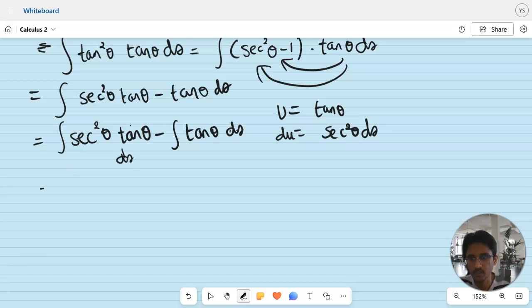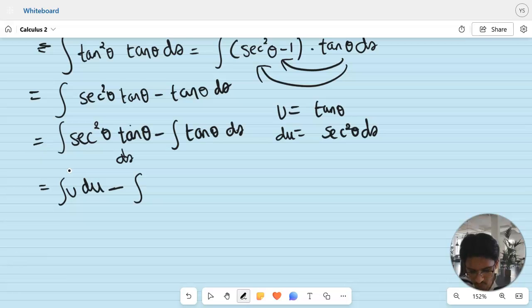Then secant squared theta d theta, that's our du, and tangent is our u. So it's going to be u du.